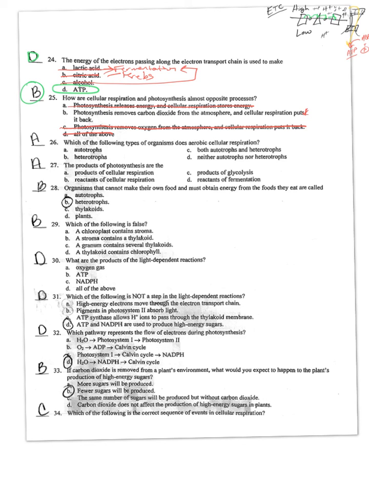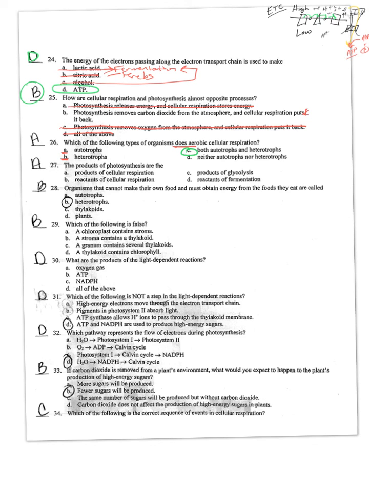Heterotrophs, sure, they do it. Autotrophs do it too, though. So both autotrophs and heterotrophs do it. So guess what? The answer's C. Both autotrophs and heterotrophs do cellular respiration.